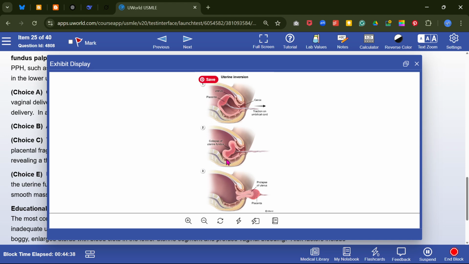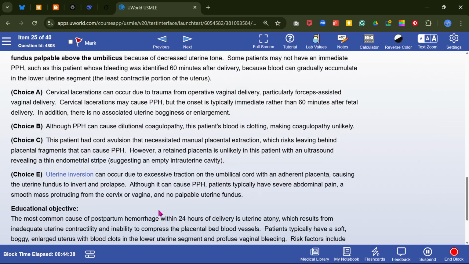Uterine inversion is when the uterus comes out due to excessive traction on the umbilical cord with an adherent placenta, causing the uterine fundus to invert and prolapse. Although it can cause PPH, patients typically have severe abdominal pain and a smooth mass protruding from the cervix or vagina, and no palpable uterine fundus.